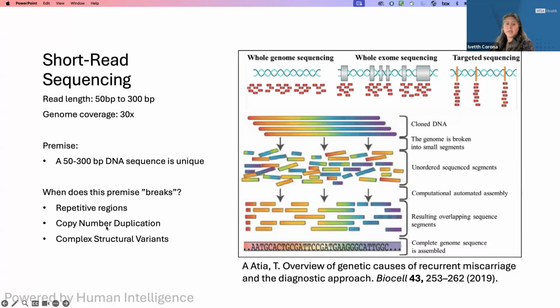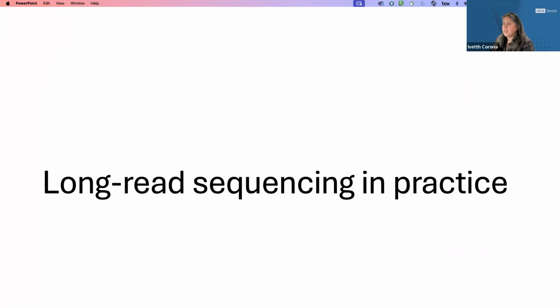And then you add some genetic variation that can make it even more complex, such as copy number duplication or complex structural variants, that basically break the premise that a DNA sequence of 300 base pairs is unique, and then you are not able to align and resolve some regions in the genome of a patient, of any human.